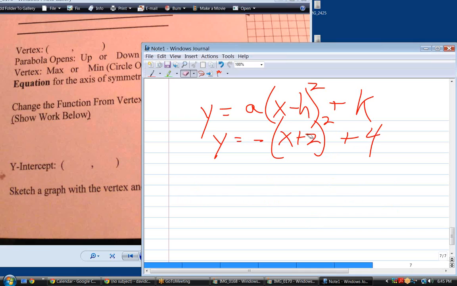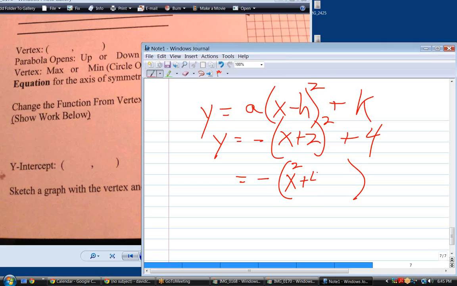So square x plus 2 and square it before we apply the minus sign. In other words, this is going to be this times, what is x plus 2 squared equal to? It's x squared. Yeah, okay. FOIL it if you have to. It's actually better to memorize how to square two terms like that, but plus 4x.